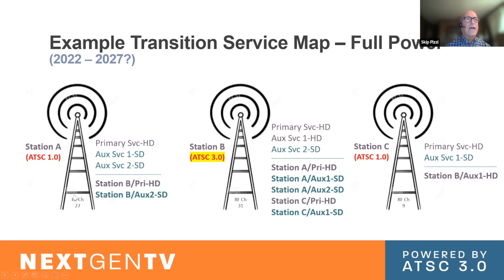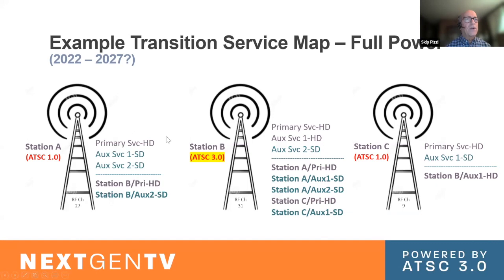Meanwhile, stations A and C remain in 1.0, and across the 2 of them they have no problem carrying in the 1.0 simulcast Station B's signals, where they were doing one main and 2 multicasts, but one of those was even HD. It's possible to do that.